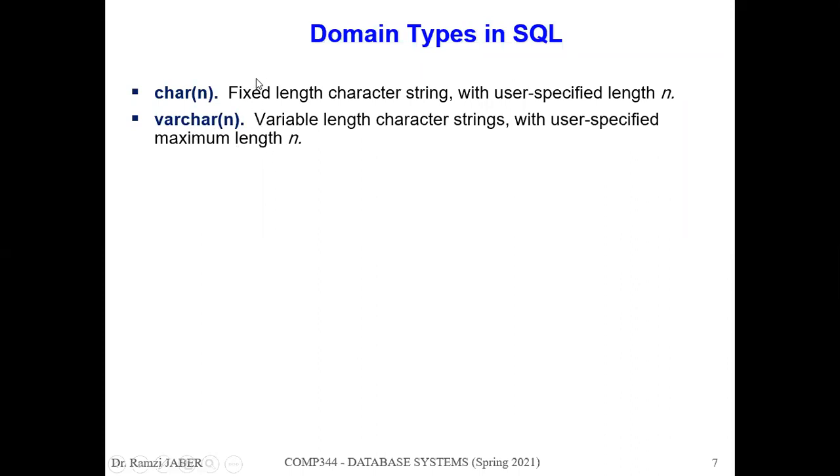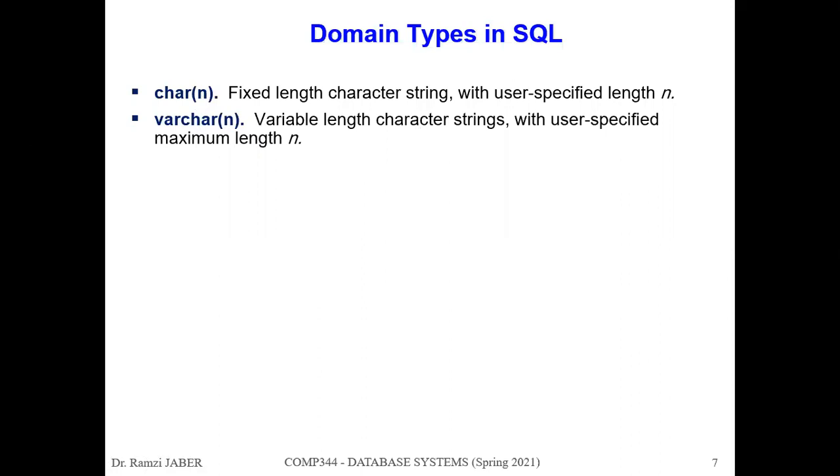The difference between char n and varchar n is a big difference. Let's say n equals 20. If we define any attribute, any field, any column as char 20, it means we must fix these 20 characters and store them in memory.